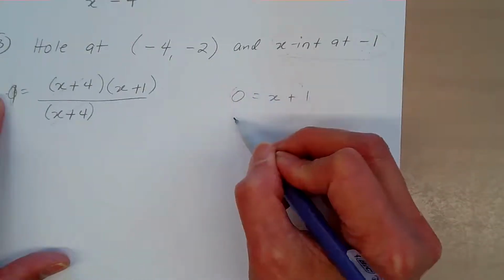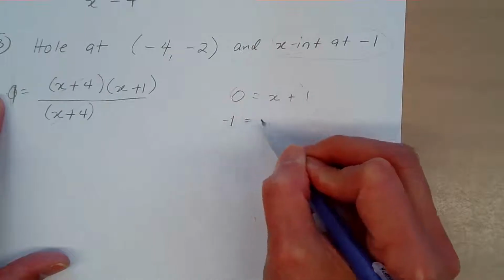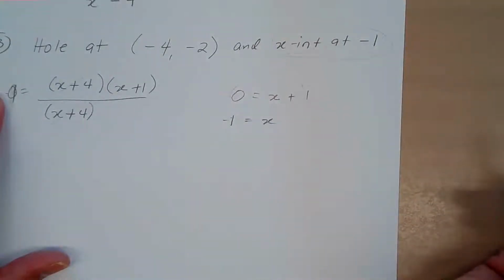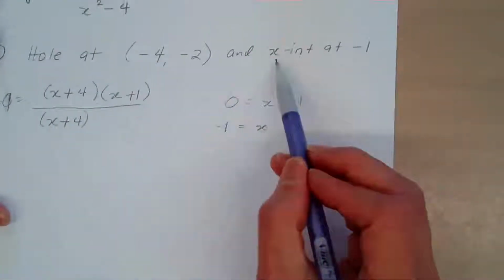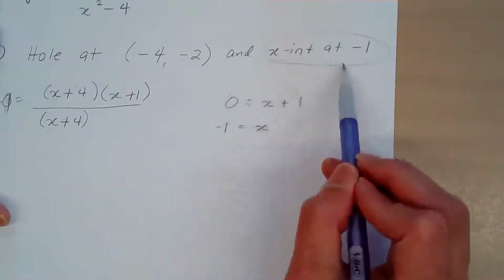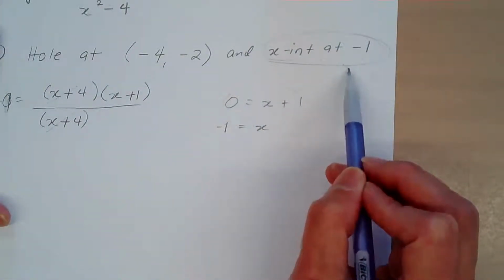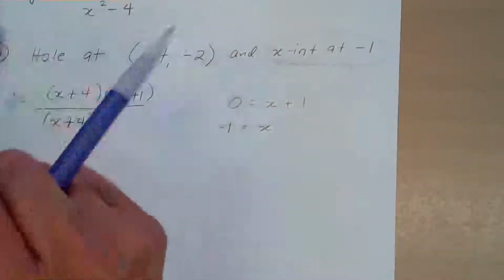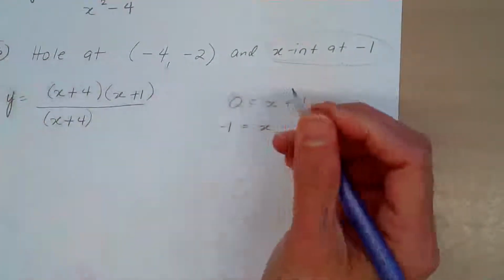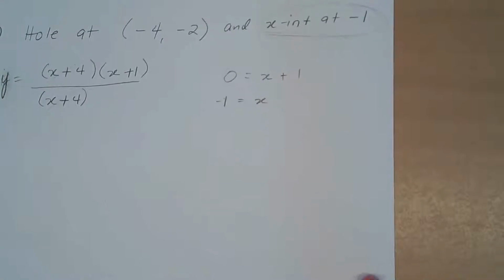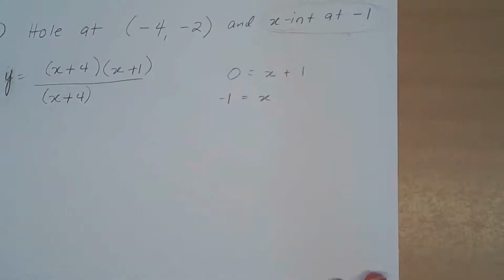Bring this to the other side, it's x equals -1. So this one will help us determine the x-intercept on top. Is that okay? Then you'll end up with the linear in this case.